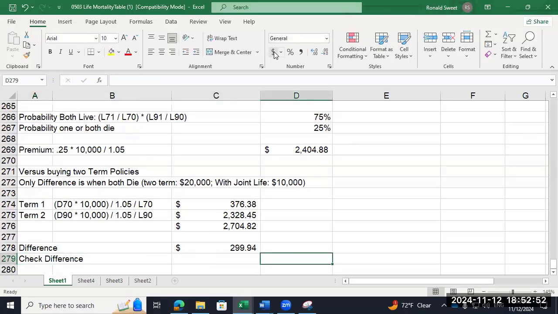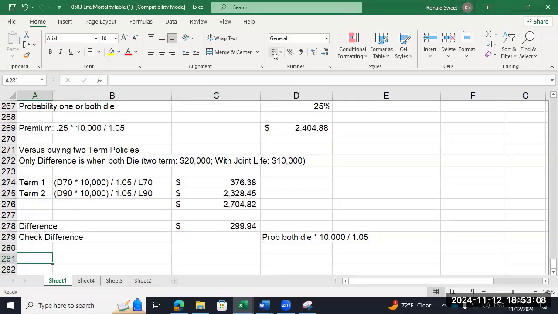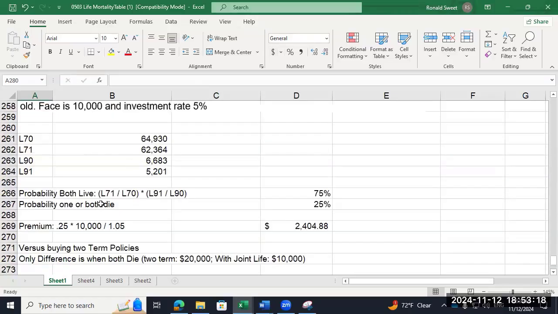What's the difference going to be? It's going to be the probability both die times $10,000 divided by 1.05. What's the probability they both die? So this is the probability they both live.